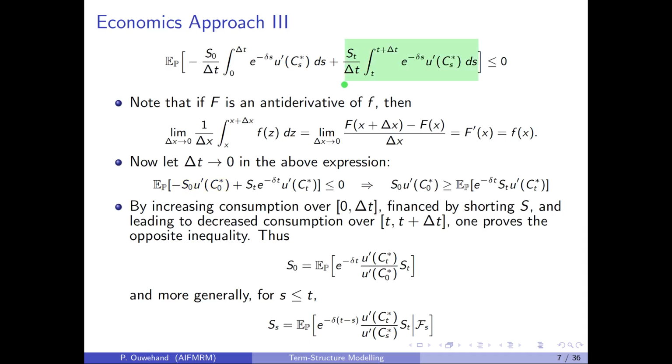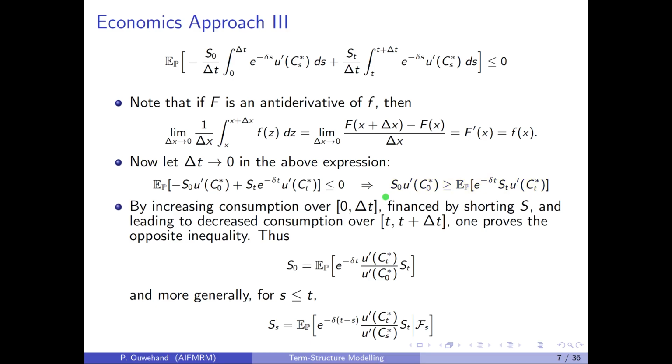Similarly, if we let delta t go to 0 in this expression here, then we obtain S_t times the integrand evaluated at t. In other words, S_t e to the minus delta t u prime c star t. And that must be less than or equal to 0, according to this inequality here. If we rearrange it, we obtain the following inequality.